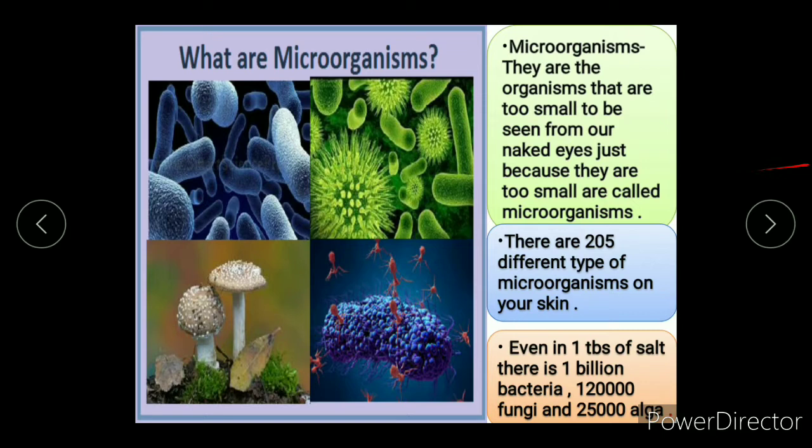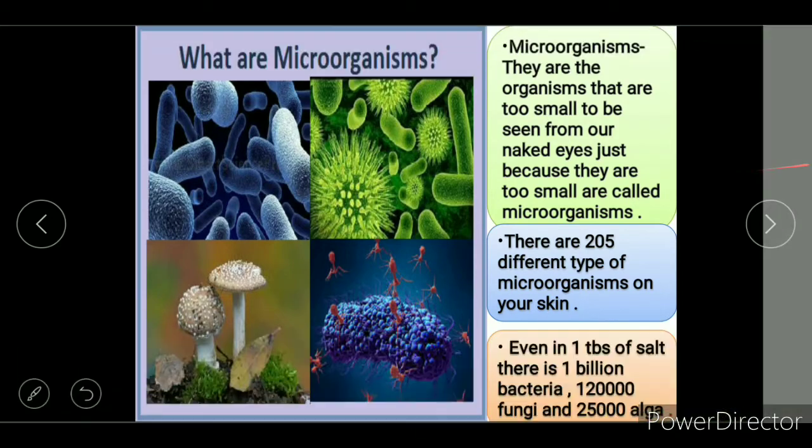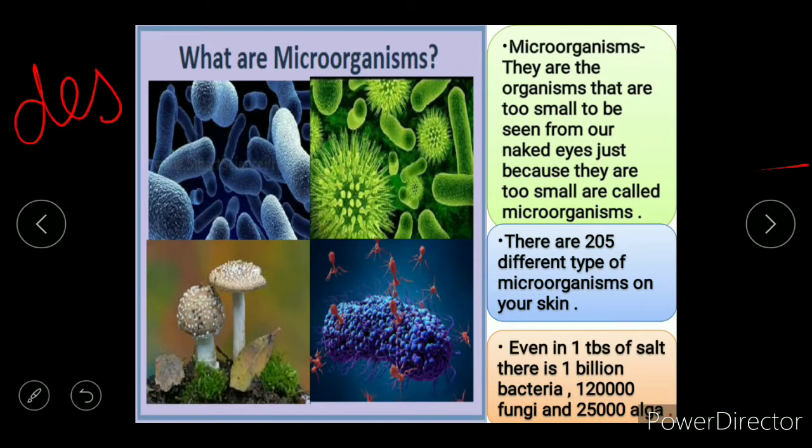Now I am giving you astonishing news that there are 205 different types of microorganisms on your skin. Now you must be thinking why there are different types of microorganisms, not just one type. If you observe a desert and a tropical rainforest, I am just denoting it as TR, then you would see that there are different animals with different types of adaptation.